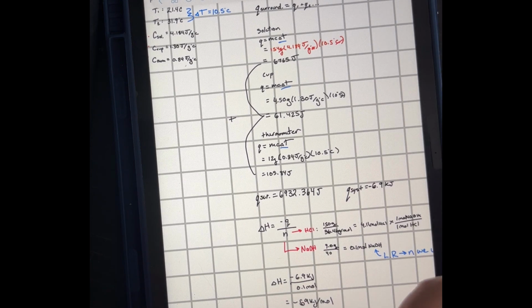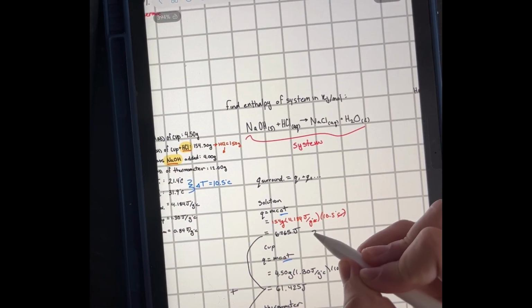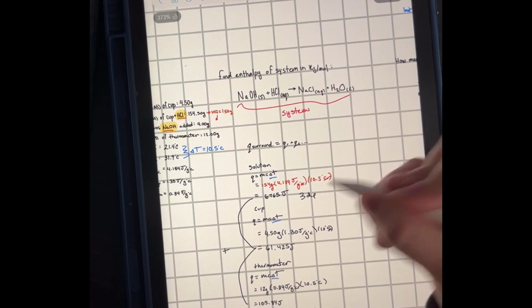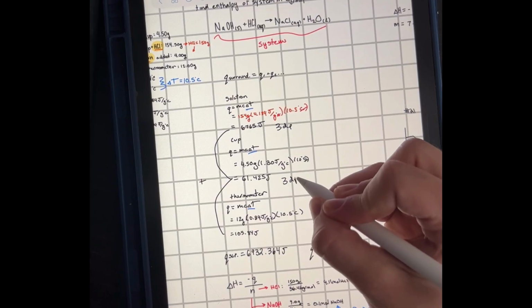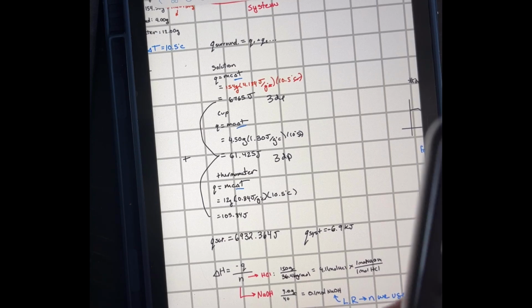So 154 times 4.184 times 10.5. Okay, that gives us 3. So we have 3. Oops. We have, I think, 3 here as well. And we have 2 here, I think, but let's just confirm. 0.84 times 10.5.